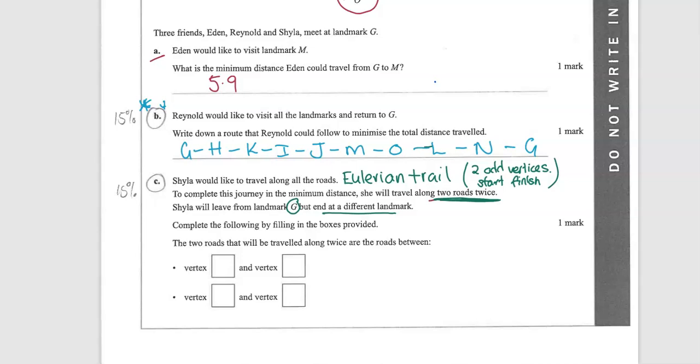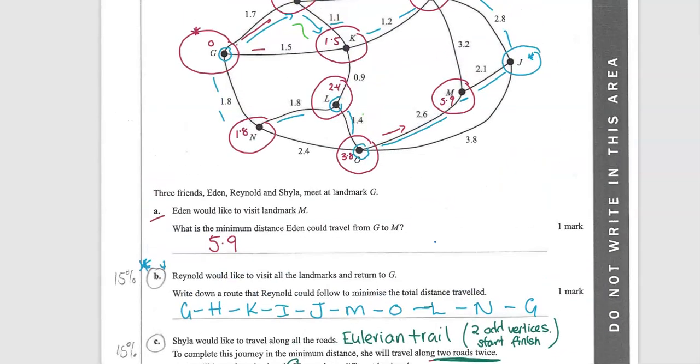Now, when it says we want to travel along 2 roads twice, it can be similar to those questions where they say, what roads would you add? So we can just pretend we're going to add a road to 2 sections so we can make it a Eulerian trail. So let's go up here and have a look.